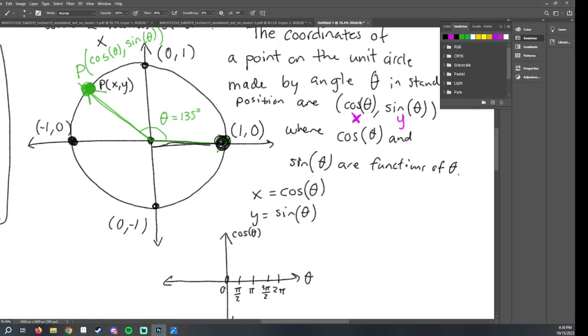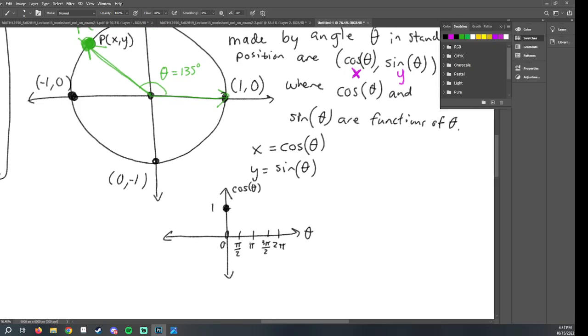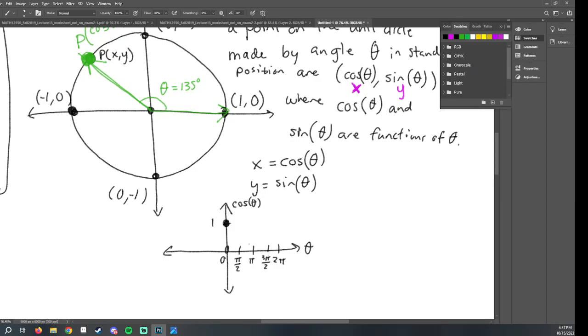The angle here would be theta equals 0. What is the x value of this point? That's right, I have it written right here. It's 1, right? The x value of this first point is 1, which means when theta is 0, the value of the cosine starts at 1. So I'm going to plot a point at 0, 1 on my graph of the cosine function.